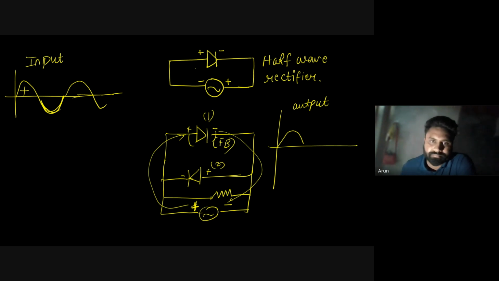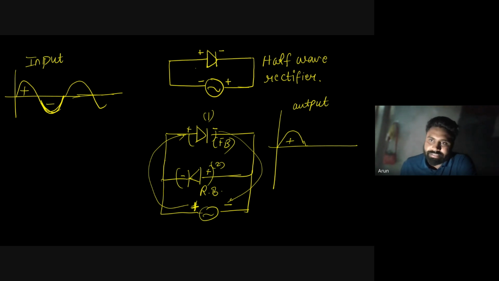Okay. Now, for this condition also, positive side will be rectified by this. Okay. So diode number two is in reverse bias, but diode number one is in forward bias. So it will allow this current to flow in the circuit. So this is the output current, positive side you will have.